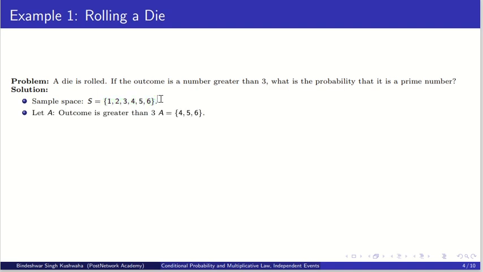Let A be the outcome greater than 3, and B be prime number. The intersection of A and B would be 5, because 5 is common to A and B.